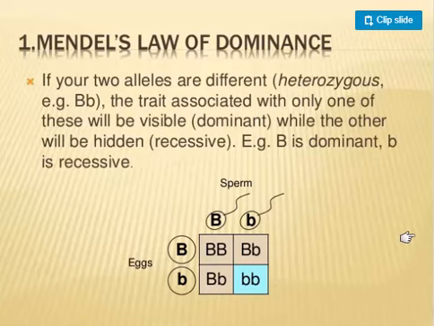By doing all of this, he got to his first law. His first law is called the law of segregation. According to Mendel's first law, organisms inherit 2 copies of each gene. If you have black eyes, the color of your eyes is black, this means that you got these genes from both of your parents.